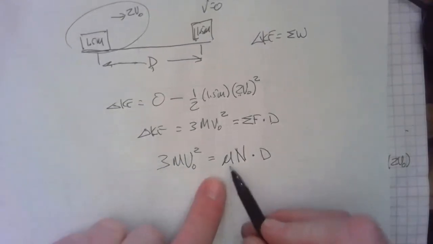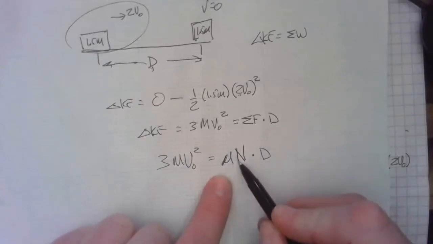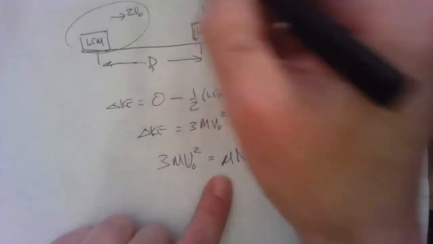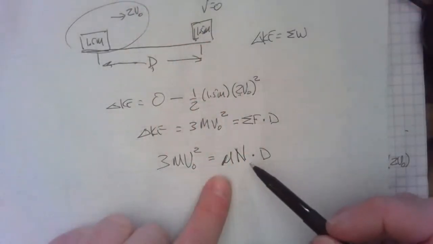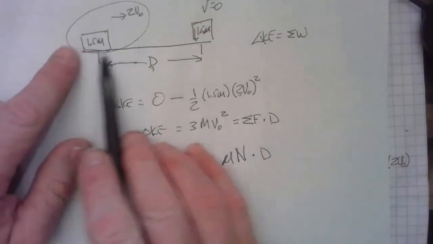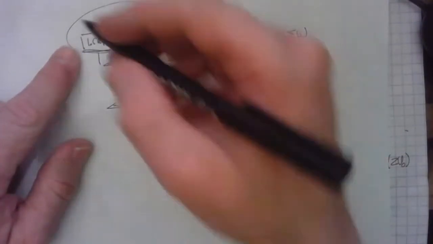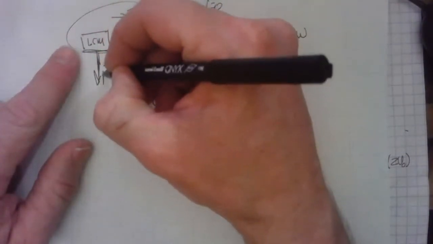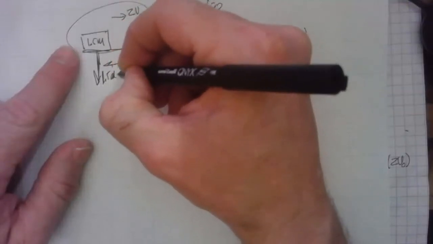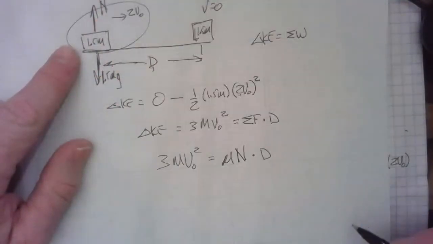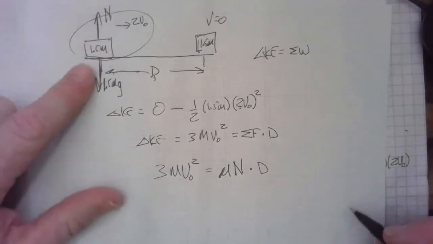That's why mu is, they asked us for mu, because there it is. Now, normal force N is not one of the things they gave us. But the situation is laid out. That's a horizontal surface, right? So the weight of this, 1.5 m times g, is the same as the normal force. So we actually know the normal force.